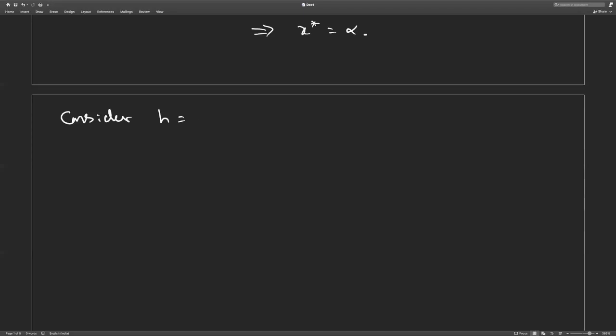Here the iterative sequence is defined as yn plus 1 equal to minus b by yn plus a. Therefore, h is defined as minus b by x plus a, right? That implies mod h dash of x is equal to mod b by x plus a the whole square.